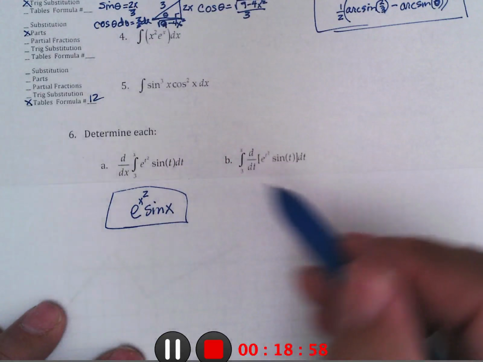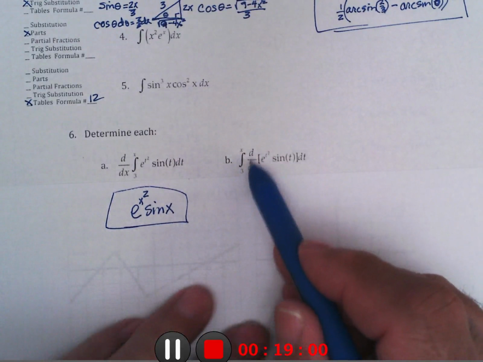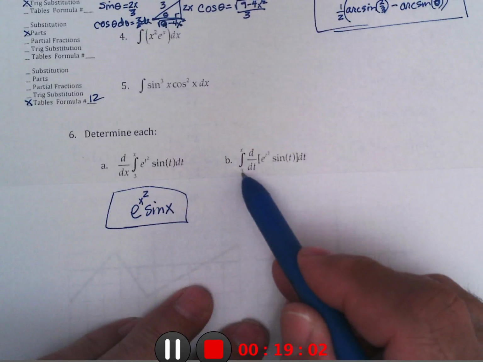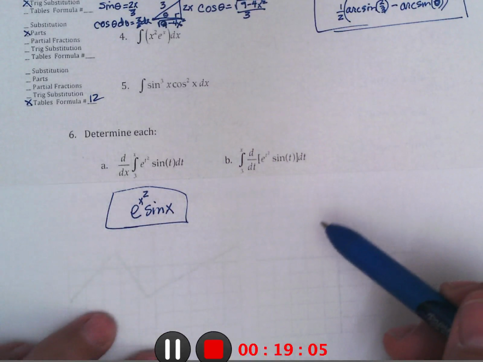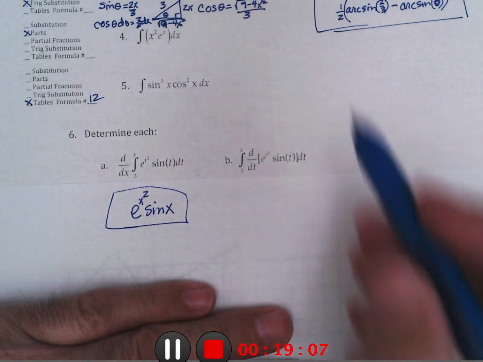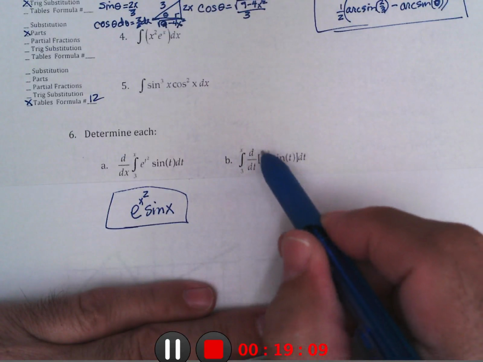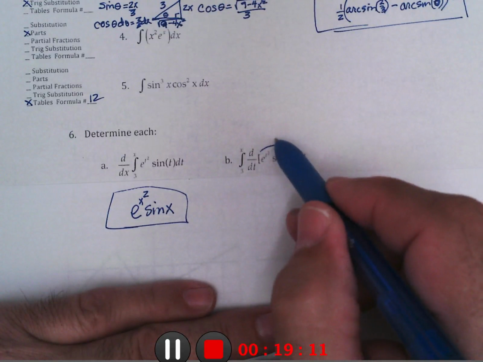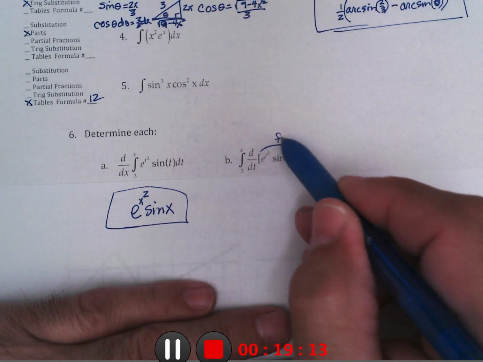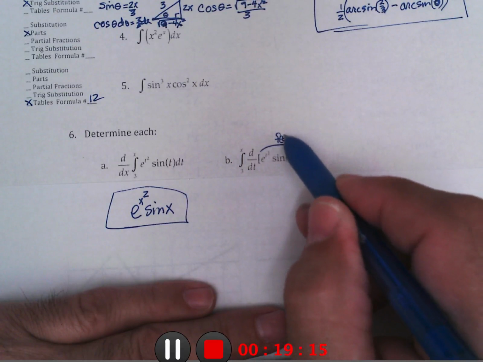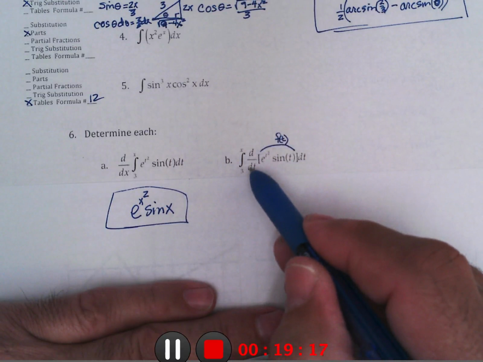Now, if we have the derivative and then do the antiderivative, then there is a constant. So I'm just going to say this is the derivative, capital F of t.